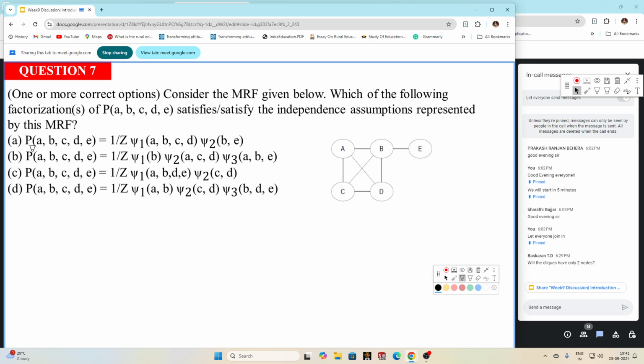So that is how you can factorize this: P(A,B,C,D,E) = 1/Z times phi1(A,B,C,D) and phi2(B,E), then phi1(B), phi2(A,C,D), and phi3(A,B,E), then the other options. Any guesses?